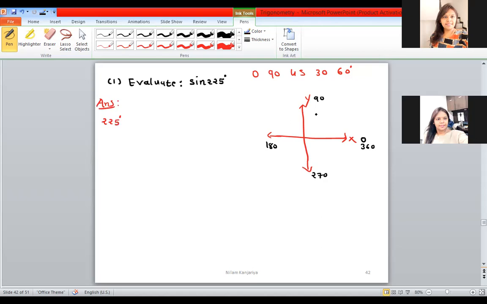This is your first quadrant, this is your second quadrant, third and fourth. And apply this rule. This rule is very important. All Sin Tan Cos. Look here, 225 lies on which quadrant? First of all, you can tell me.